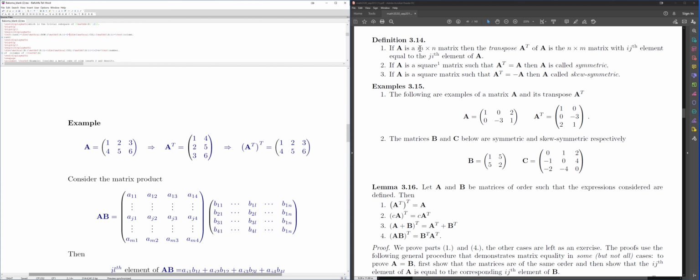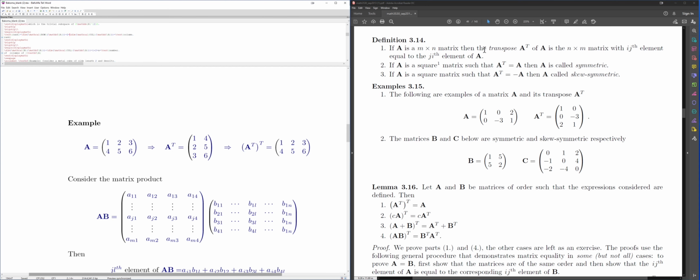The number of rows in the original matrix is m, so the number of columns in the transpose matrix is m. And if the number of columns in the original matrix is n, the number of rows in the transpose matrix is n. And the definition of transpose is that the ijth element of the transpose is equal to the jith element of the original matrix.